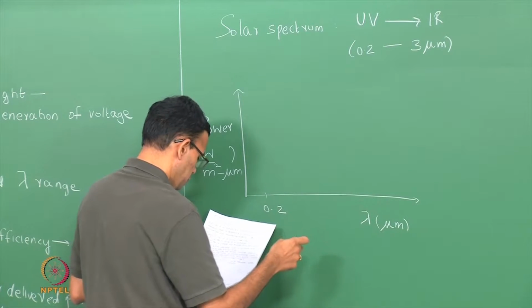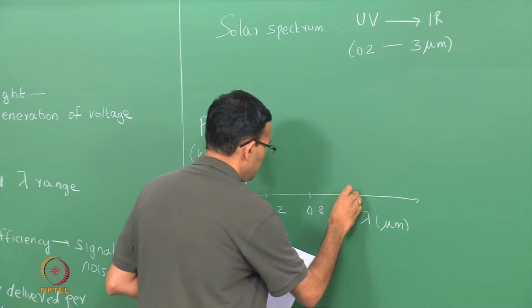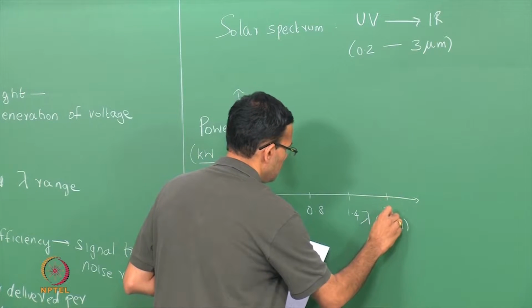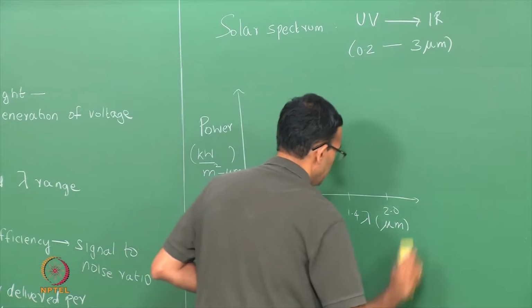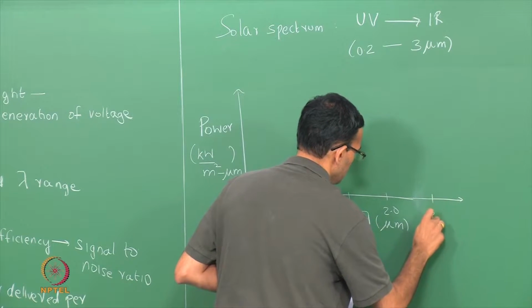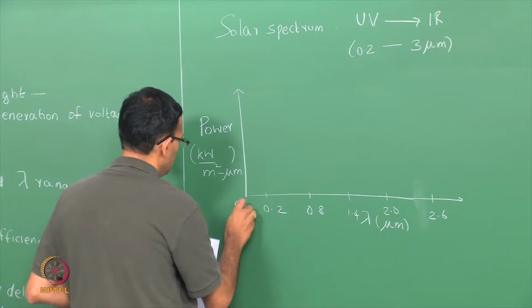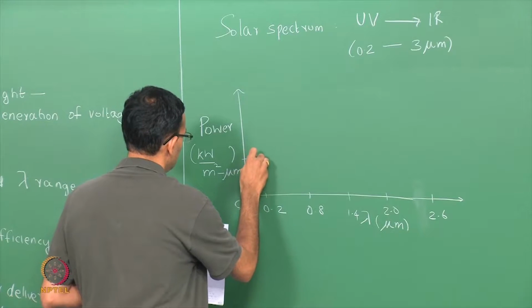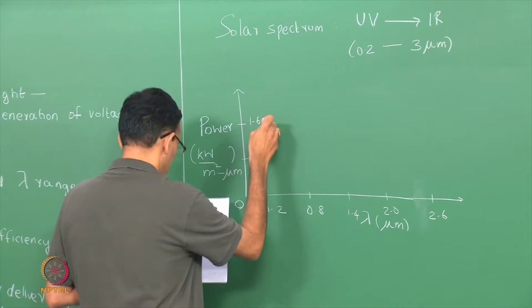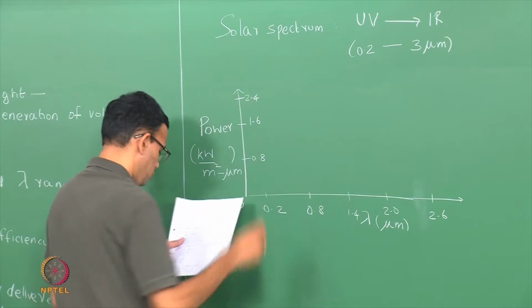The axis is marked 0.2, 0.4, 0.6, 0.8, and so on up to 2.4.